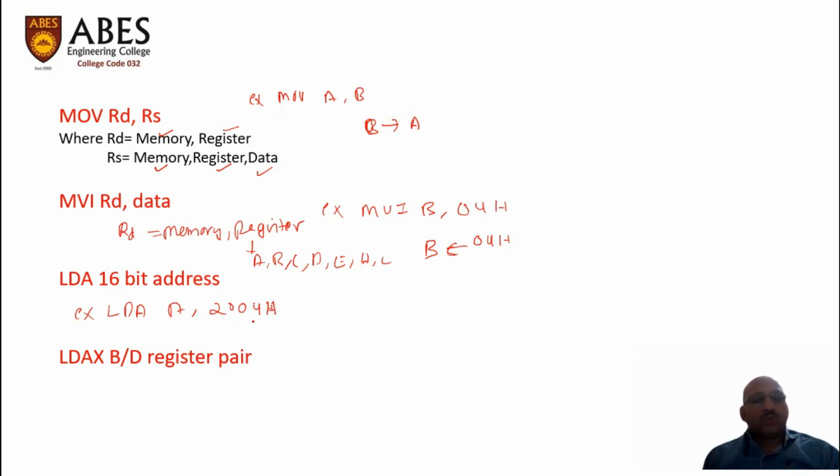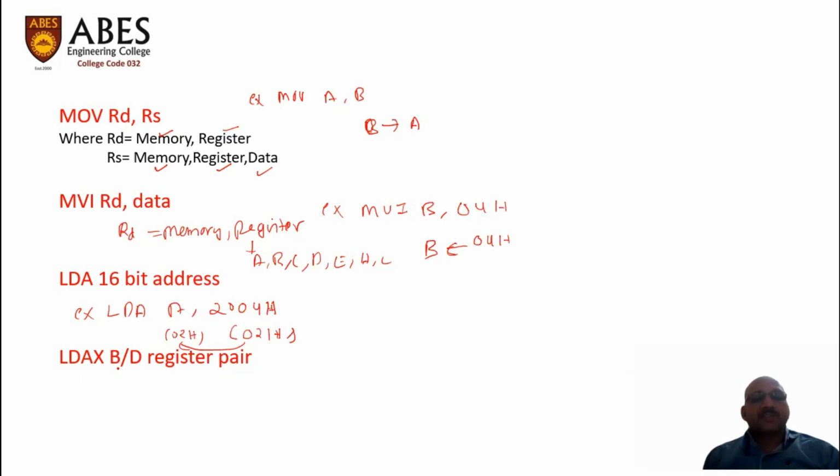It means 2004H is a location and we are loading the content of this location. For example, if this location has the value 02H, then this value will move to the accumulator.